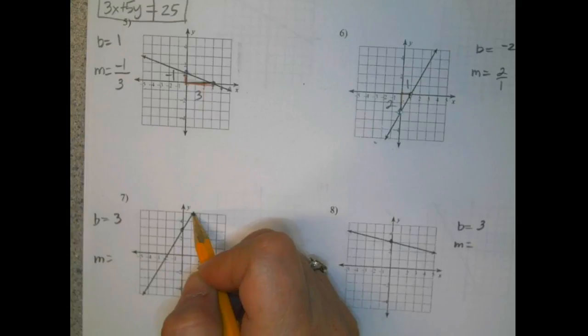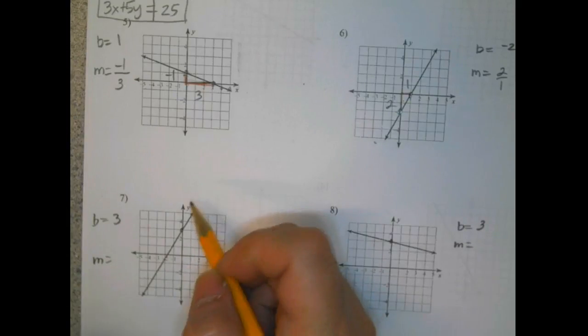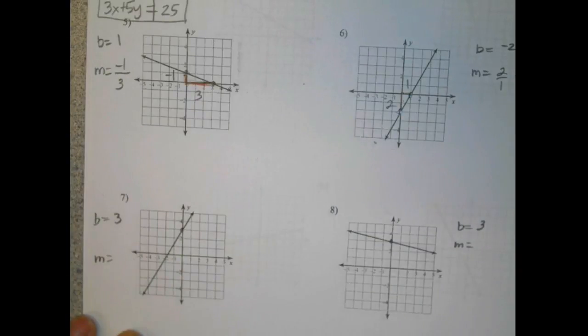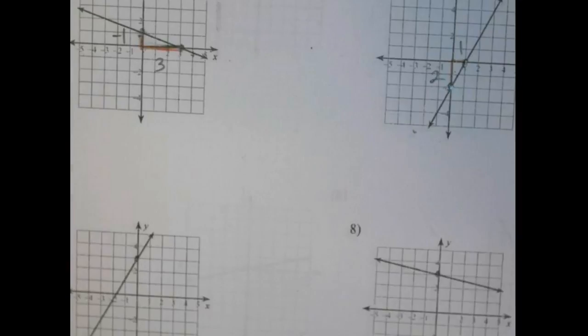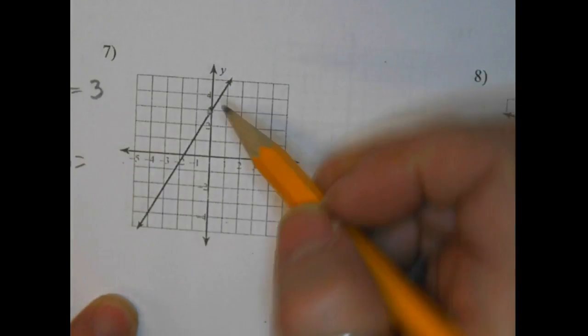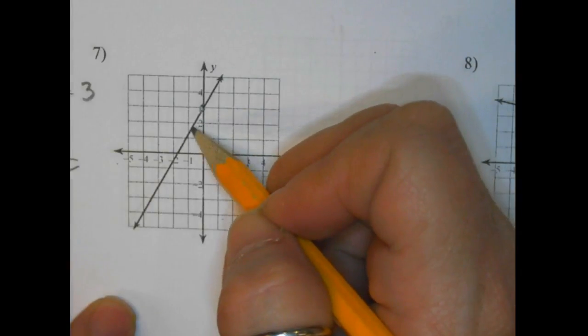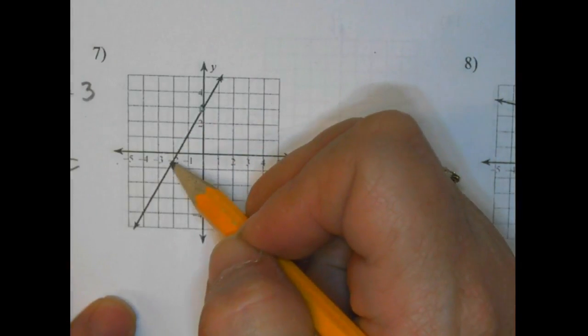Maybe here? You know what? It's not really clear to me, so I'm going to go backwards just to make sure that it's actually working. Let's zoom in a little bit. Is it there? How about here? I don't know.